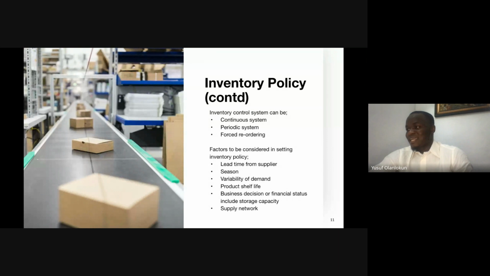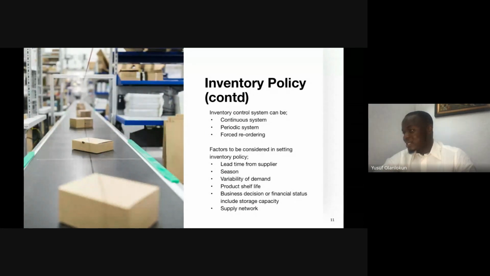That is a continuous system. You are not waiting for a particular time to send an order to the supplier. You review every day, and for products that are close to minimum or below, you generate an order to top up to maximum and share it with the supplier.